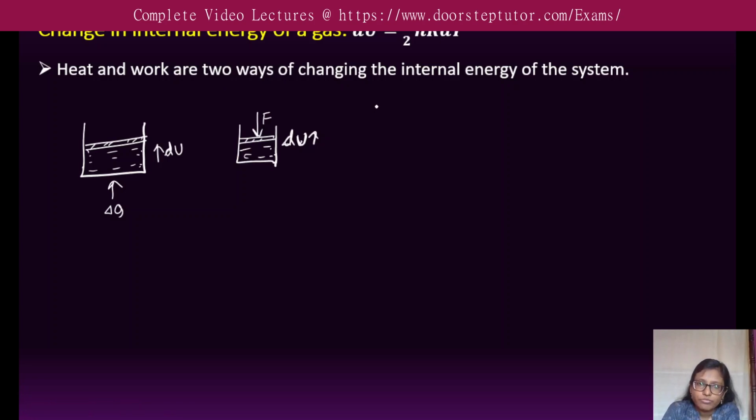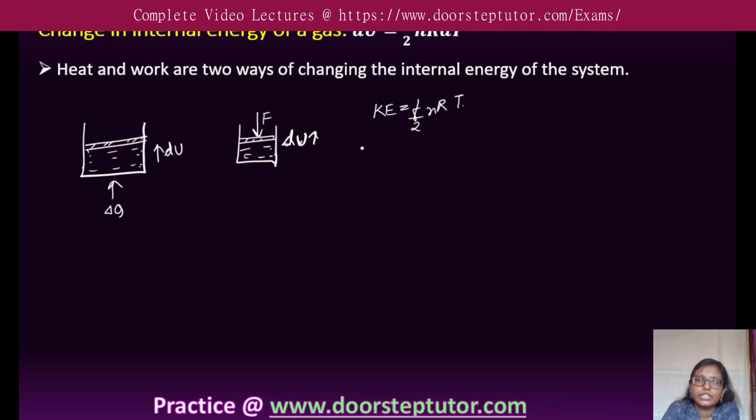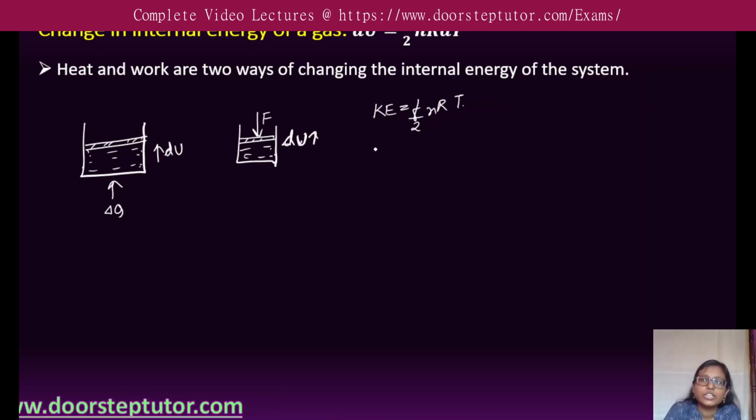Now, we have already seen that kinetic energy and degrees of freedom are related by this relation, and internal energy for ideal gas is a function of kinetic energy. So change in internal energy can be given by this expression. Okay.